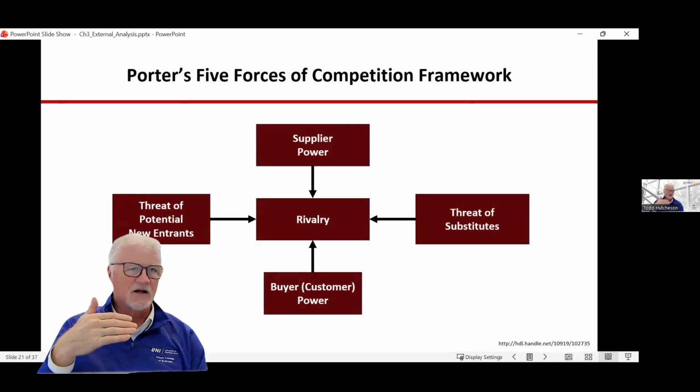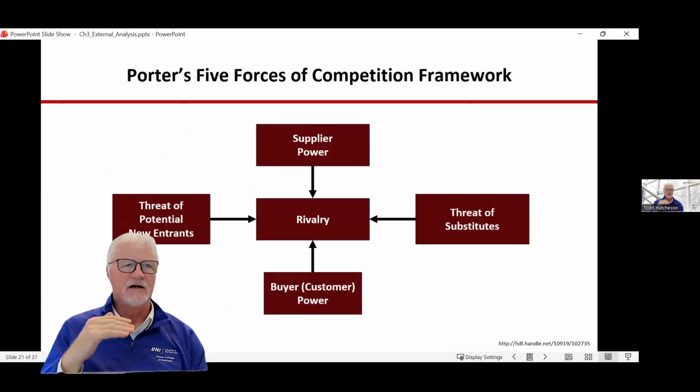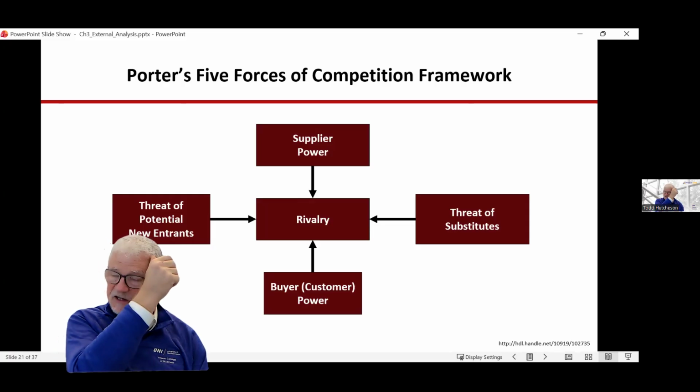And then top to bottom, what power do our suppliers have in our market? So as an example, chip manufacturers, not potato chip, silicon chips, they have a lot of power in industries where they're providing very scarce technologies.